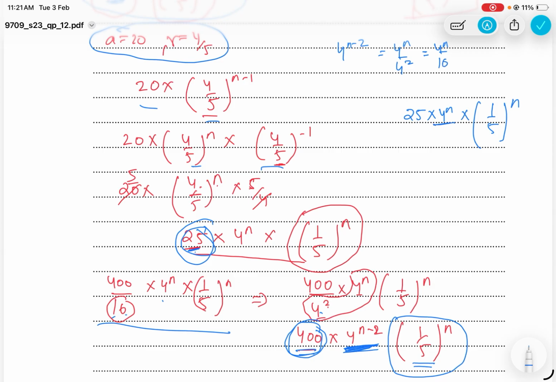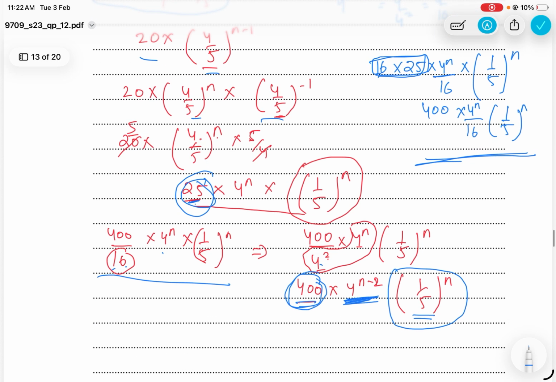Are you thinking with me, learners? So we have to divide by 16. If we are dividing by something, to keep it the same, we have to multiply also by 16. This will become 400. You can reach the same step by this method as well. Okay? Done, learners? Got this or not?